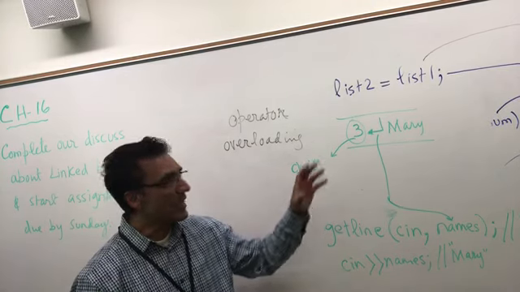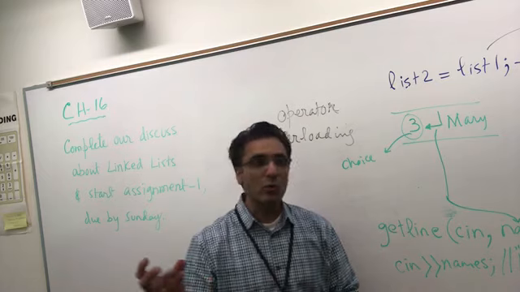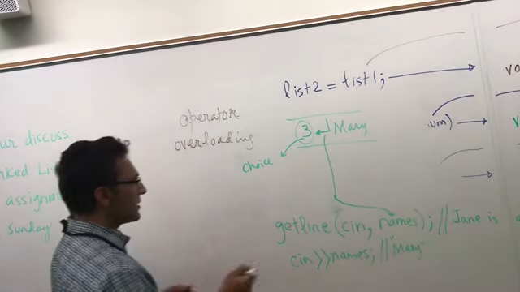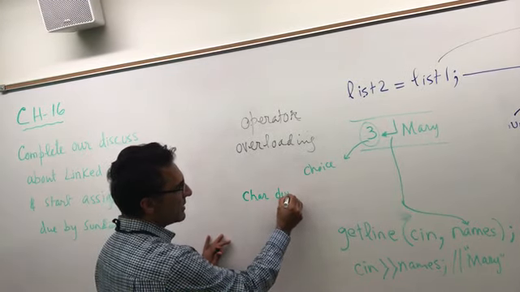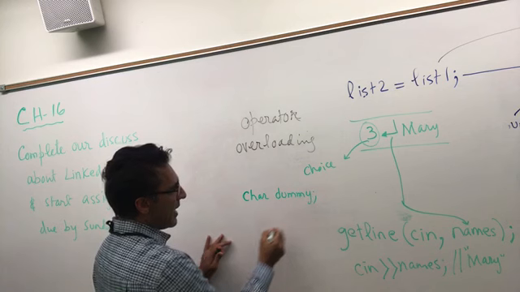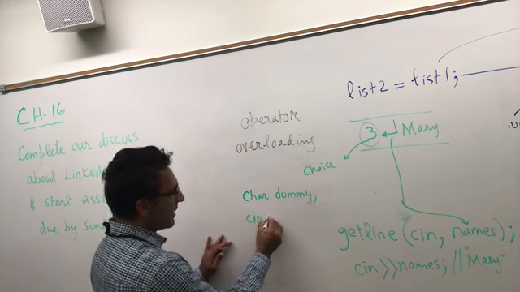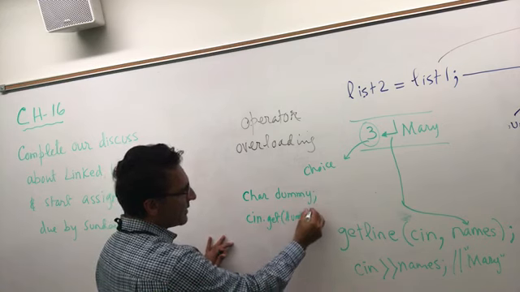So how do you take care of that issue? So you need some kind of dummy variable to clear the enter key. So you can use a dummy variable like this. You can say char, and let's call it dummy. And you can simply say cin.get(dummy). Now what exactly does that mean?